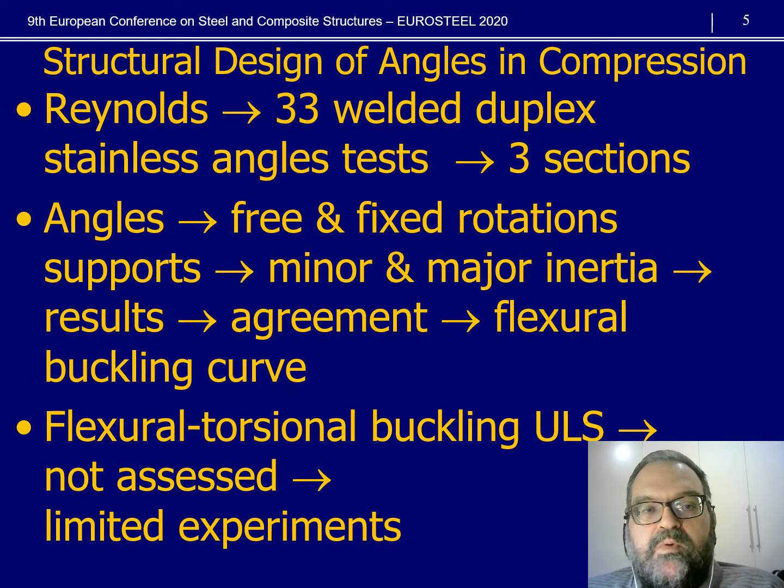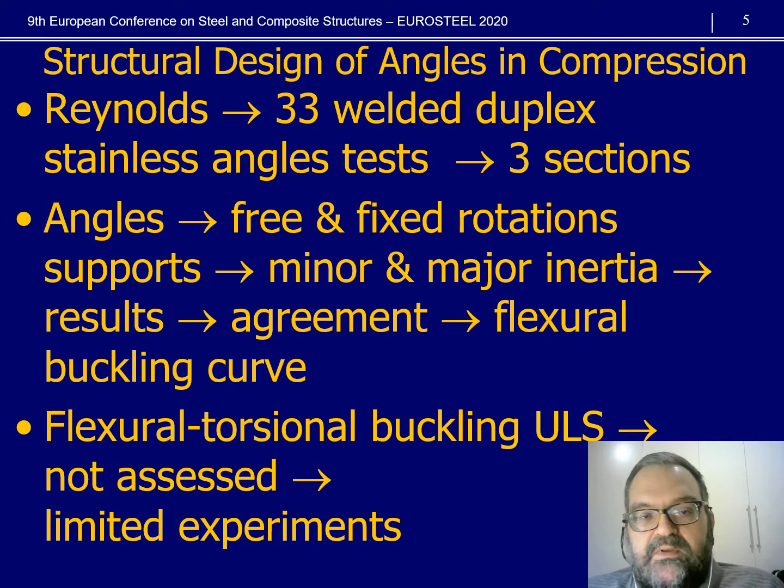In this section, I will present some of the interesting investigations that have been performed in the structural design of angles in compression. A very good example of that is the test that was performed by Reynolds involving 33 welded duplex stainless steel angles with 3 different cross sections.